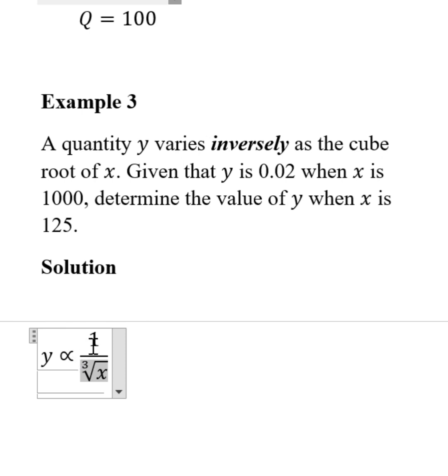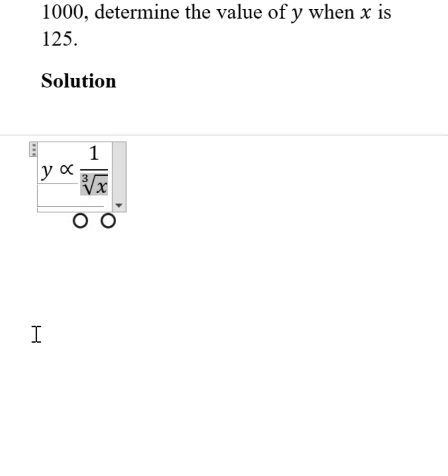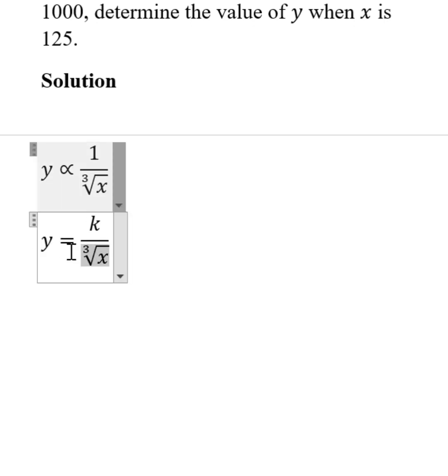We have written 1 over because this is an inverse relationship. And then we are told it varies inversely as the cube root of x, so we have to put the cube root of x on the denominator side. Change this to an equal sign. We have to introduce a constant here. So we shall have y being equal to k over cube root of x.